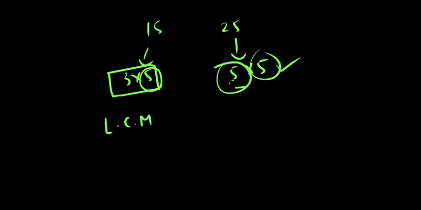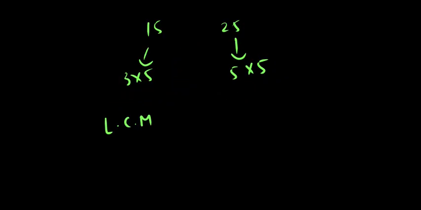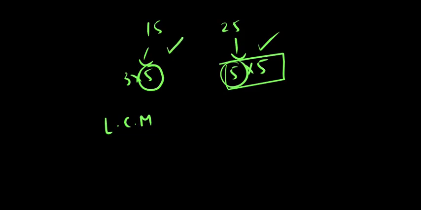This becomes LCM. Or else, if you see from the perspective of 25, this 5 into 5, 25 should be there like this. So when we see the common thing, 1 5 is common in this 15. Another one is not common. So we have to consider the uncommon thing here.